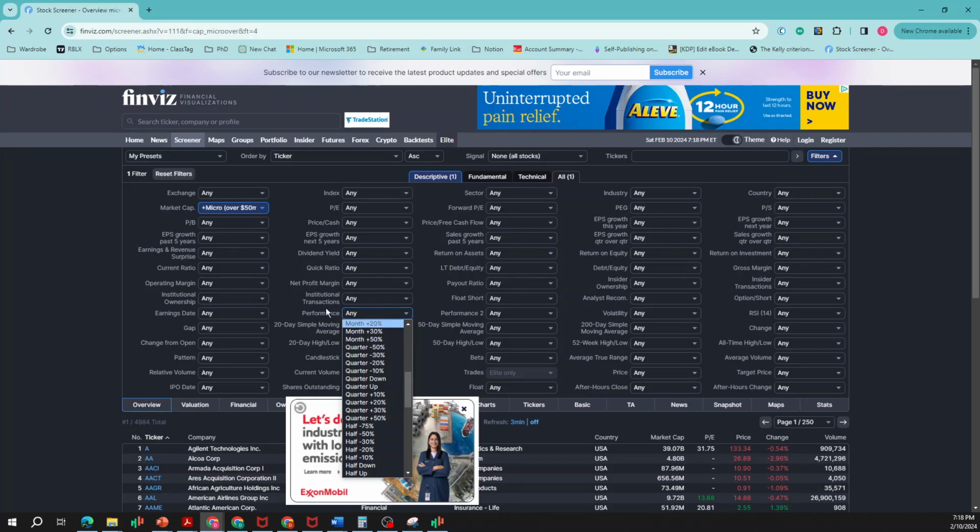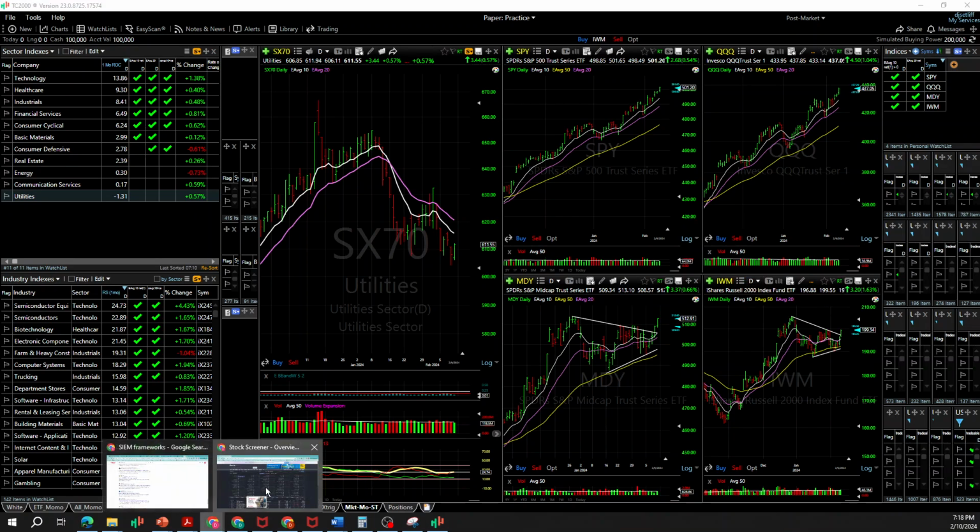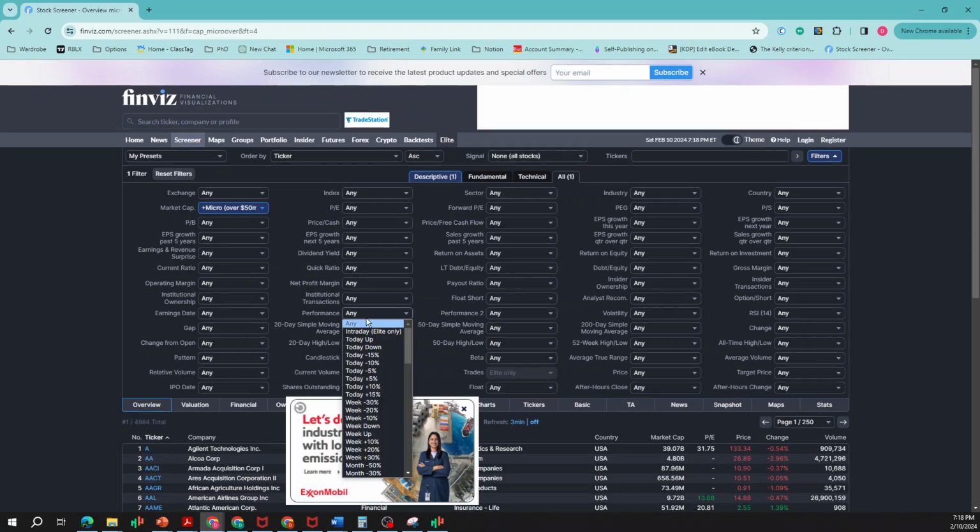That could be another way to measure performance. So rather than my scan showing the ADR up or down, because this one is up 2 ADR versus down 2 ADR, that's essentially what that scan is showing. You could do something similar here where you just use a performance based scan, comparing a week up versus a week down.